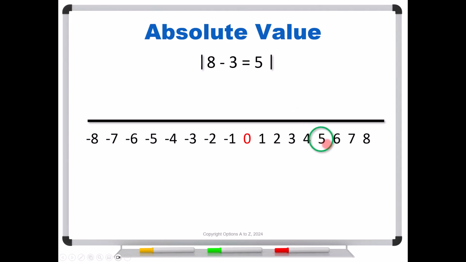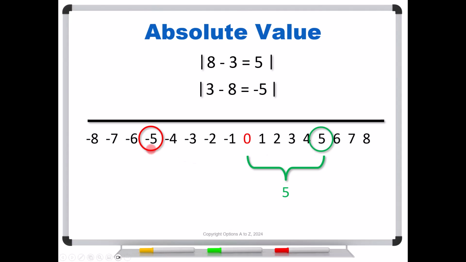But we could also flip it. We could say, what's 3 minus 8? Typically, we would say it is -5. But because we have these little vertical bars here, it's telling us to take the absolute value. So what we're saying with absolute value is over here, yeah, it's +5, but we don't really care about that. It's 5 units away from 0.